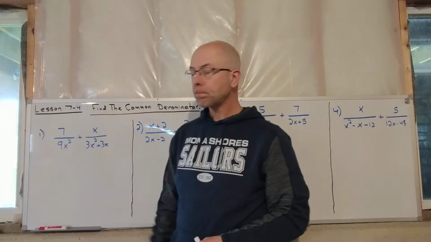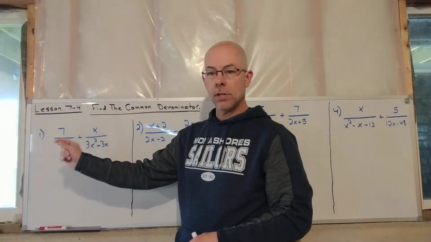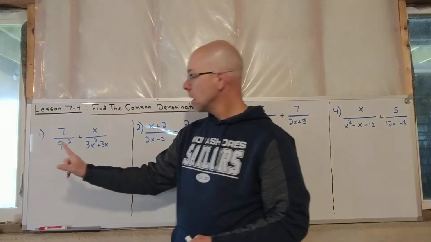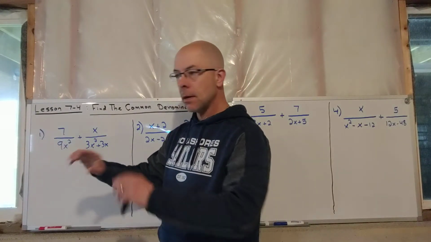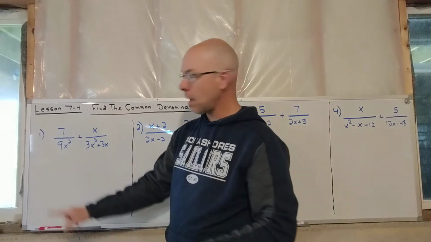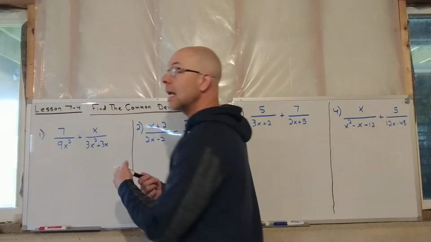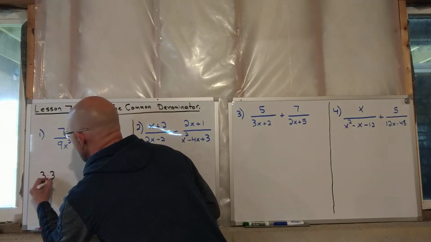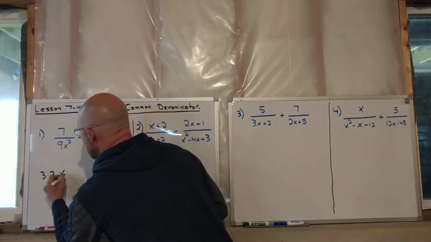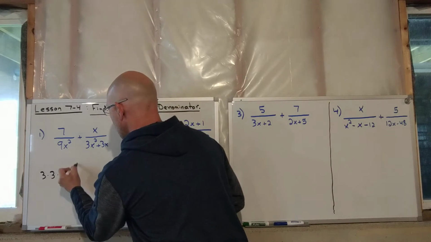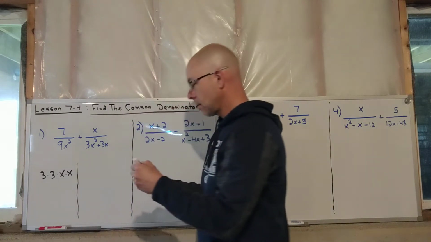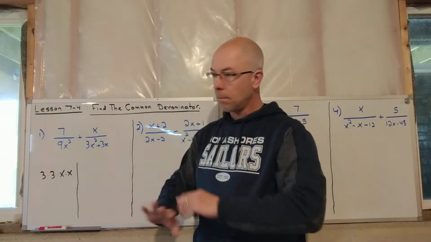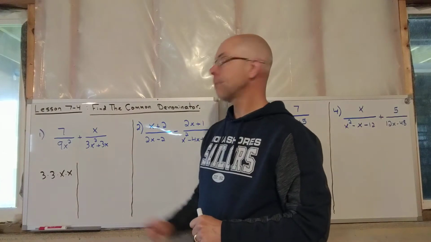I'm talking the prime factorization from just the previous video. So, think of the most bare bones broken down way I can write 9x squared: 3 times 3 times x times x. That's the most broken down I can make it.